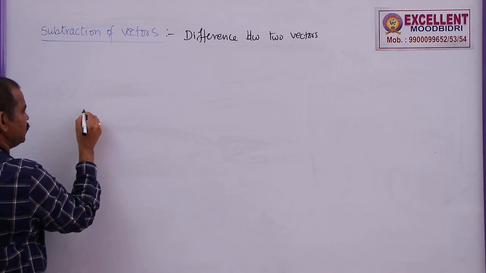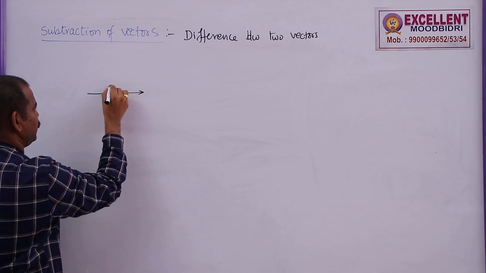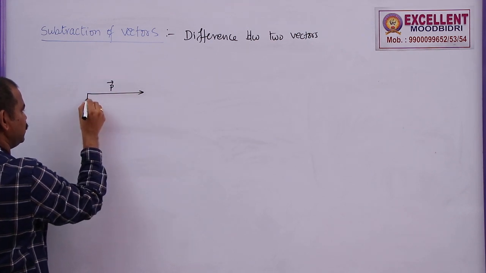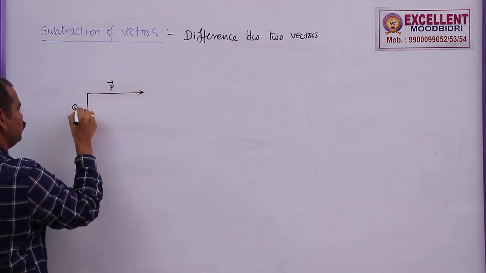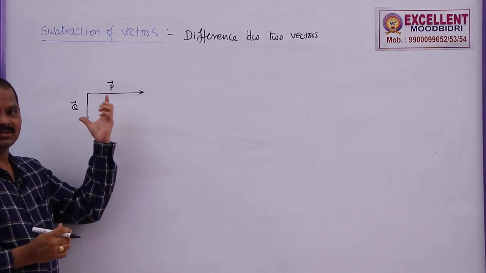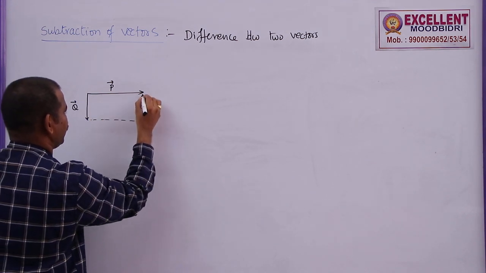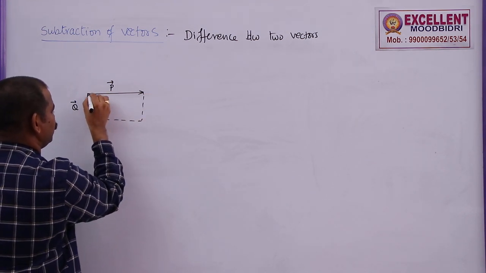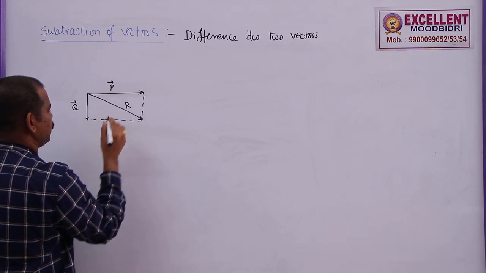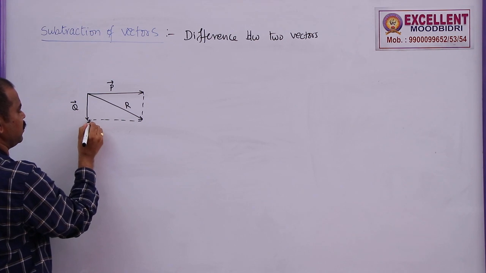If you take the triangle of vector addition, let us say this is one vector P bar and this is another vector Q bar. The sum of these two vectors, we call it the resultant, is given using the parallelogram method. You will get this as the resultant, because you draw a parallel to the first vector from the head of the second vector.